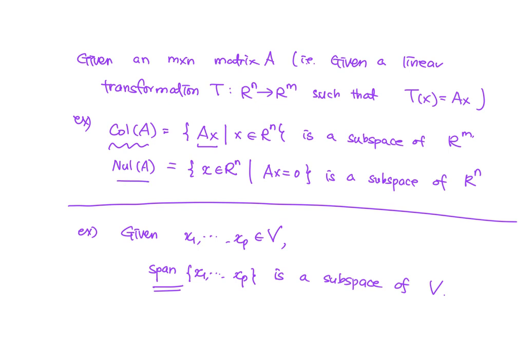The null space consists of all the solutions to this homogeneous problem. And as we observed in some examples, when you solve that homogeneous equation, the solution X can always be written as a linear combination of certain vectors, right?